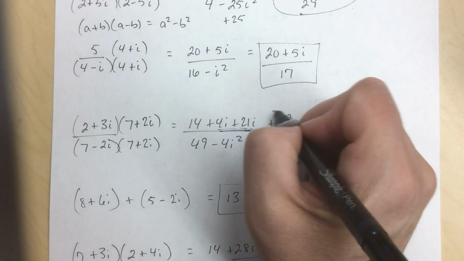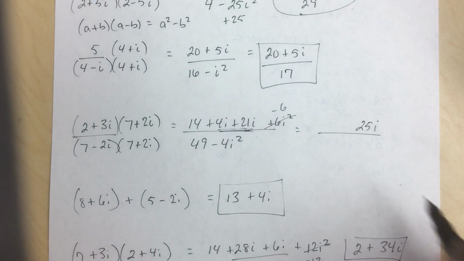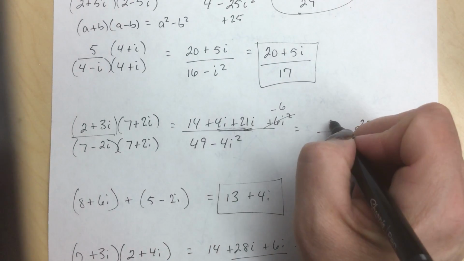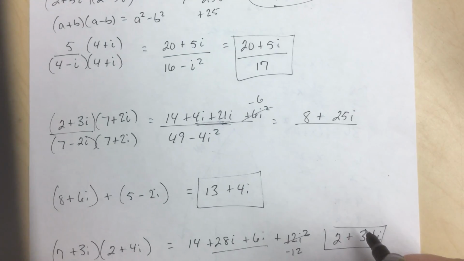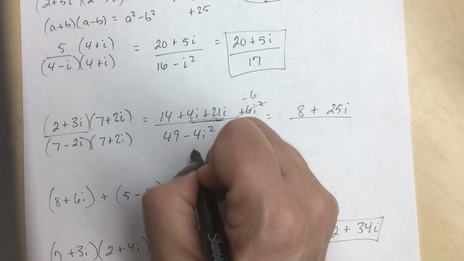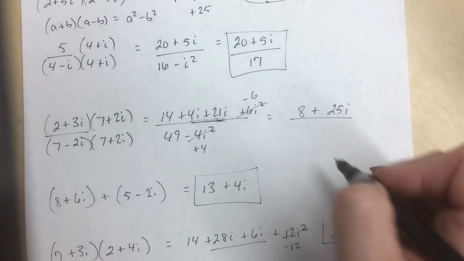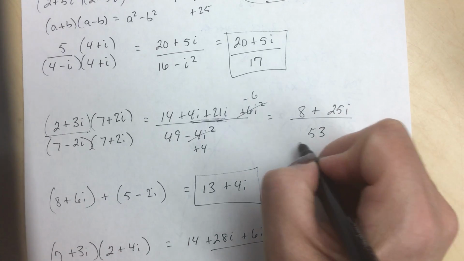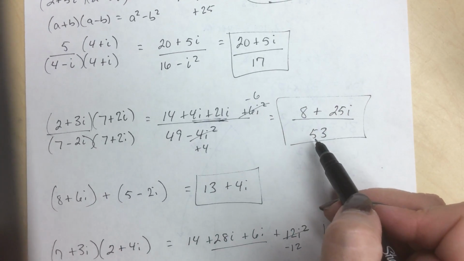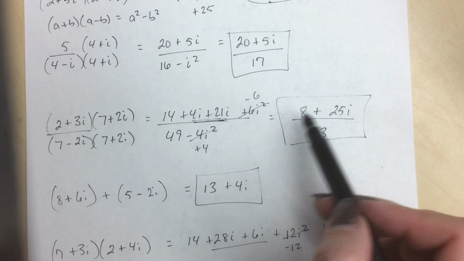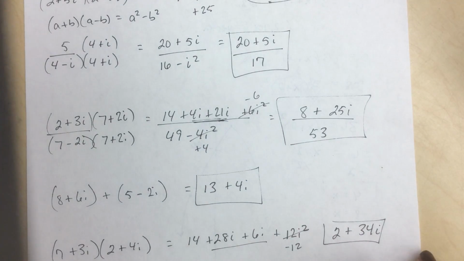This becomes a negative 6 because i squared is negative 1. 14 minus 6 is 8. So I have 8 plus 25i. This becomes plus 4 because i squared is negative 1. 49 plus 4 is 53. And again, 53 doesn't have any common factors with 8 and 25, so it doesn't reduce.